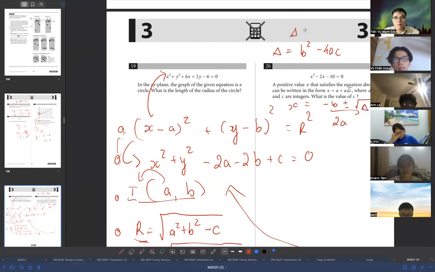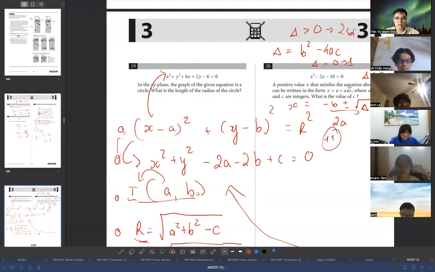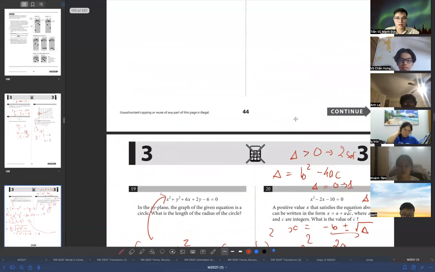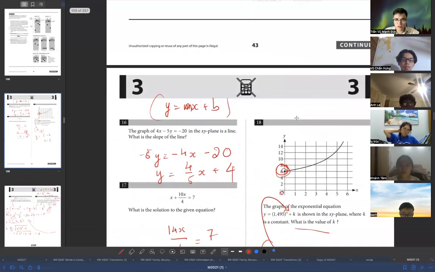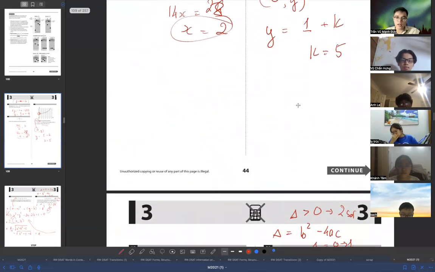Delta bigger than 0 gives 2 solutions, delta equals 0 gives 1 solution, and delta smaller than 0 gives no solution. In this case, the answer is 11. Next up, don't make a mistake on this one again, or not know how to do this again, okay?